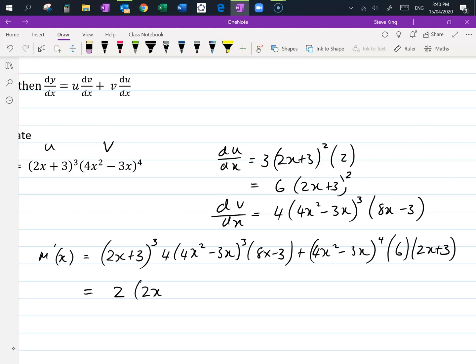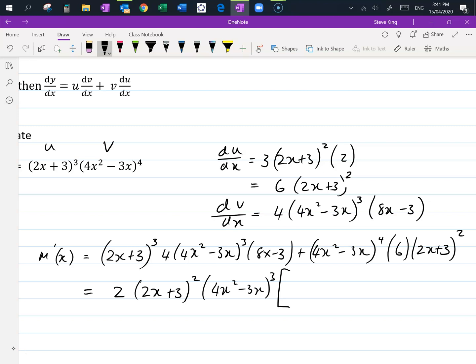I do have a common factor of 2x squared, (2x plus 3) all squared, and I do have a common factor of (4x squared minus 3x) to the power 3. So I can take all of that out.